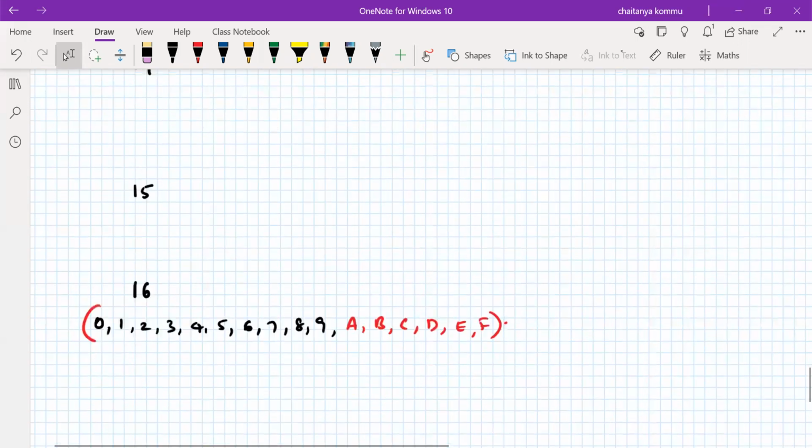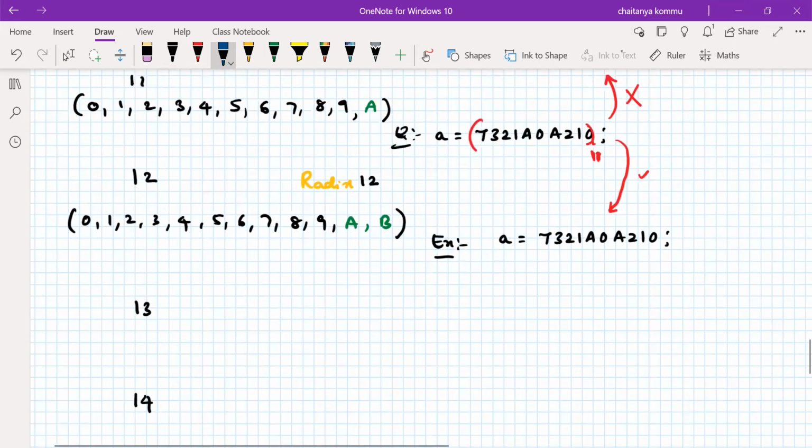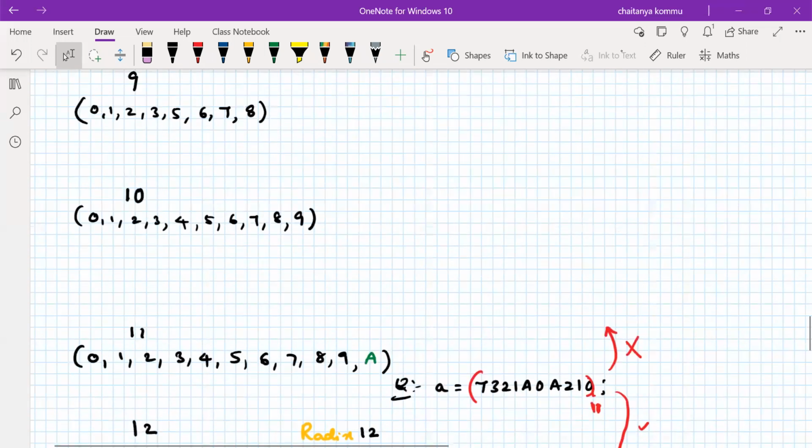So therefore this is called radix 16. Radix 16. Okay, and this is called radix 10. So where is the radix 10? It is called radix 10. So like this, we can write all these numbers.